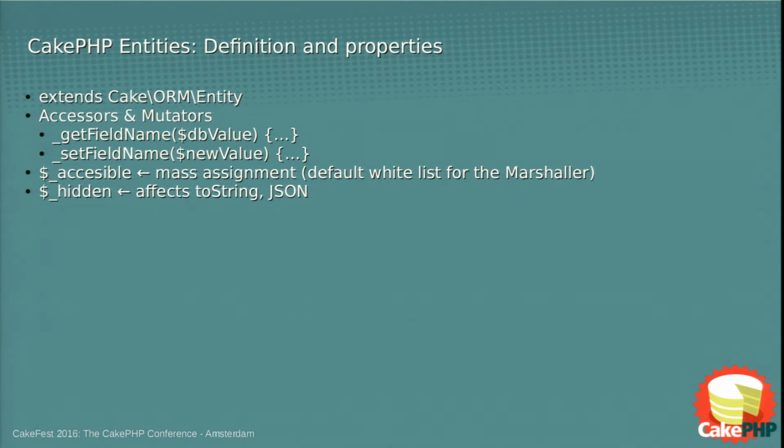Because there are some fields that the user should not be touching, for example, the IDs should not be coming from a form, because if you let a user change the ID of something, you can get into troubles, because the user could try to tamper data from another user or update records that are not of its own. So this is the feature of accessible.